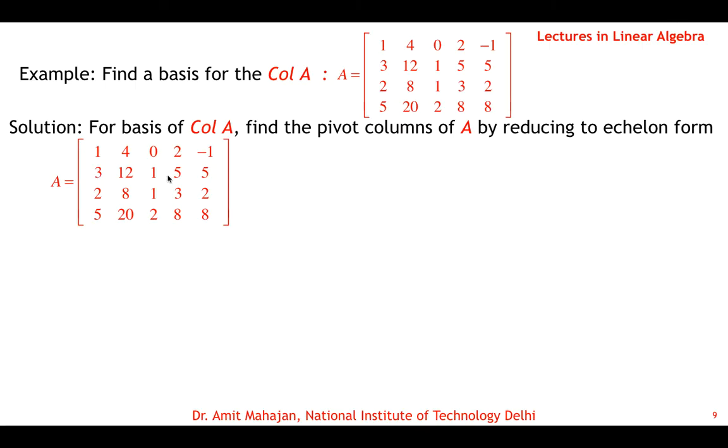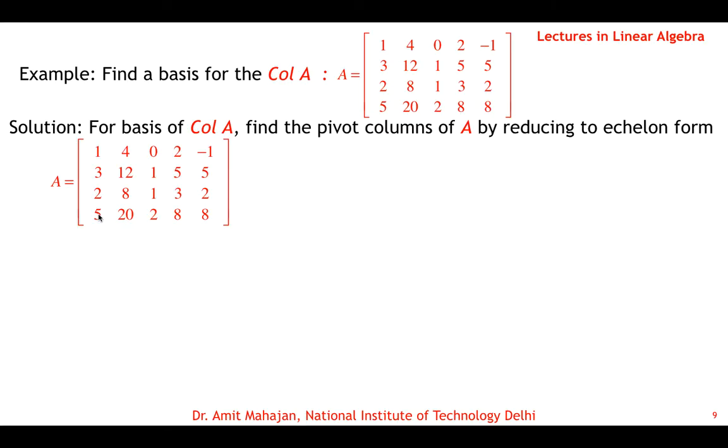So given this matrix, first you find the first row, first element is a non-zero number, so it becomes the leading element. So make all the elements below this 0. Apply second row minus 3 times first row, so this element will become 0. For this element, apply row 3 minus 2 times row 1, so it becomes 0.